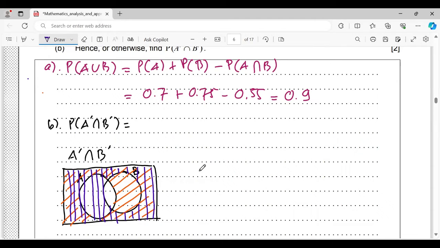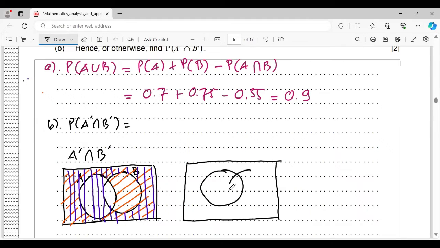Okay, so this. Now compare with this one. I'm going to draw another Venn diagram: A, B, A union B apostrophe.